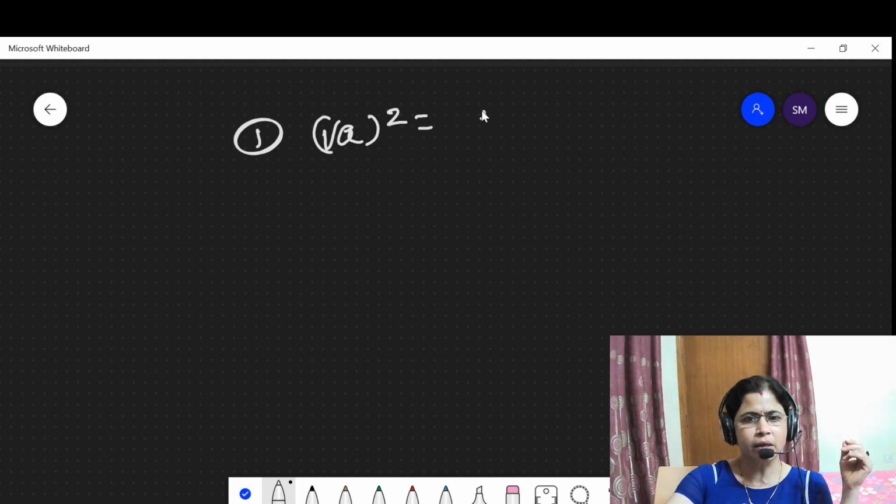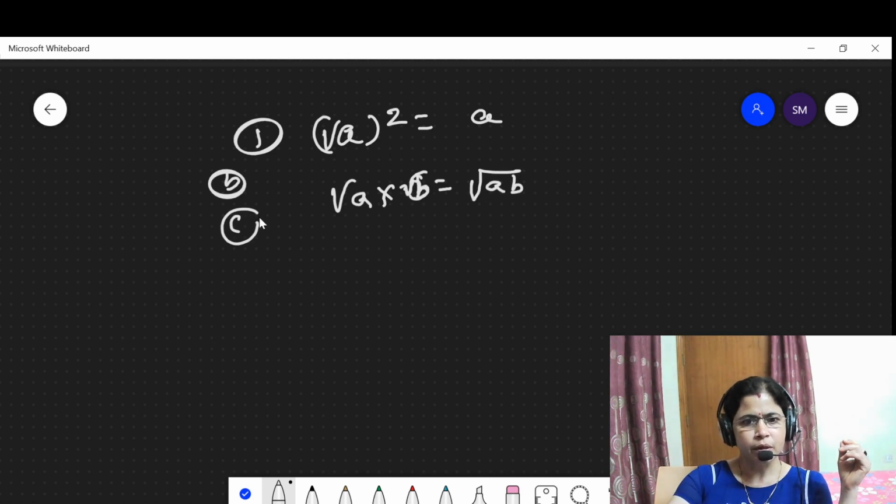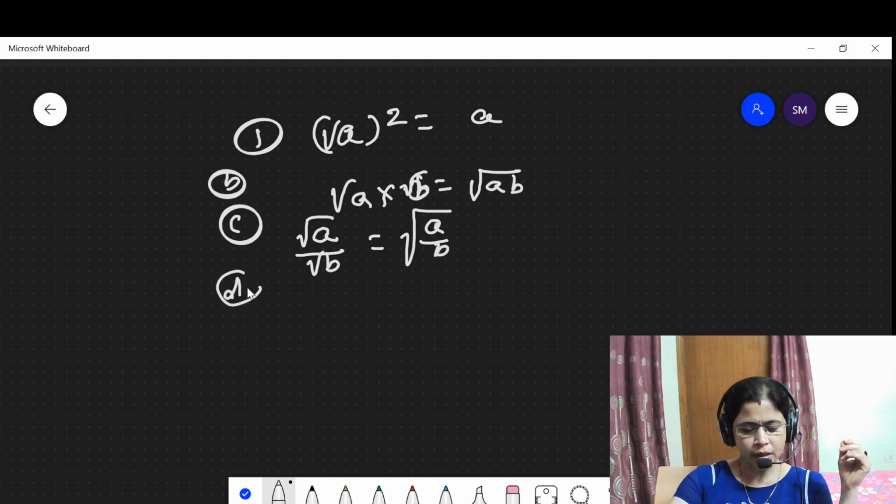The identities are: root a whole square is equal to a; root a into root b is equal to root ab; root a upon root b is equal to root of a upon b. These are the identities of irrational numbers.